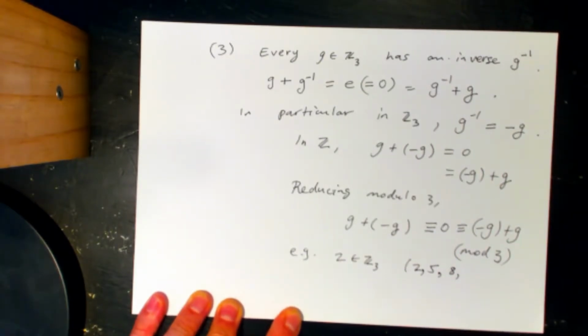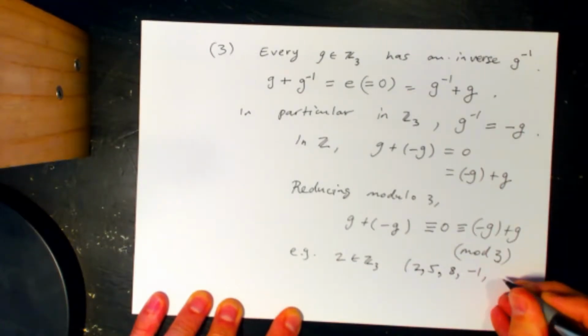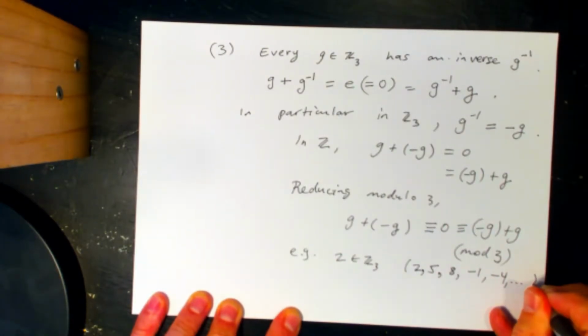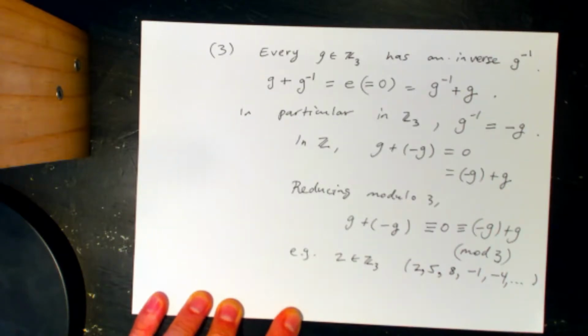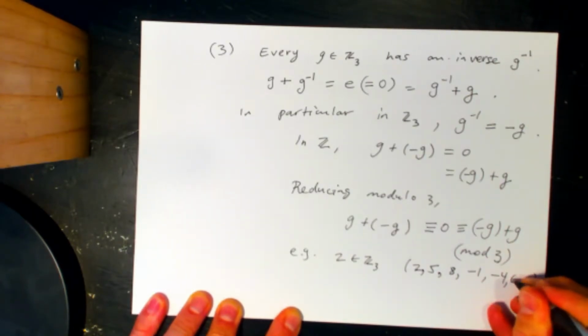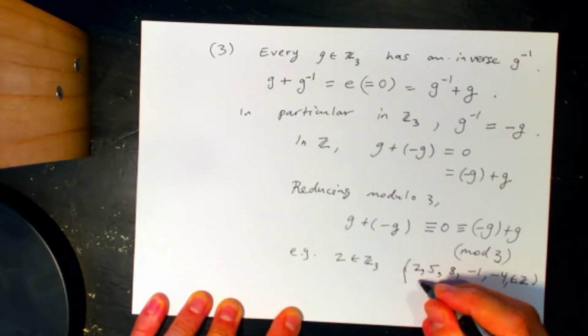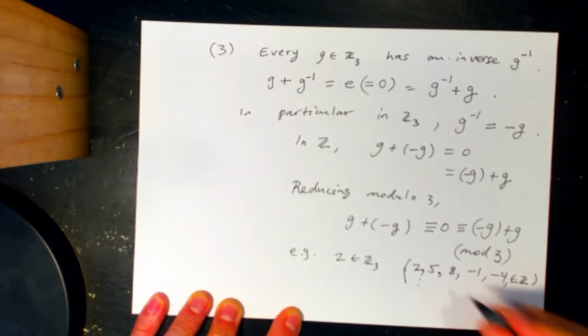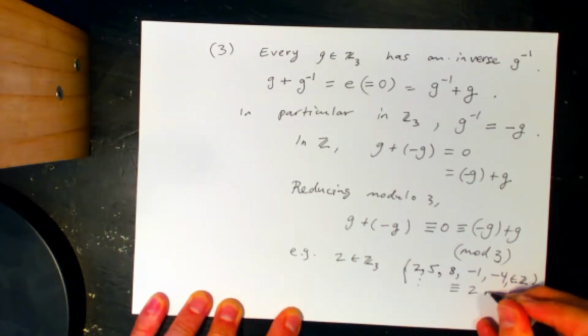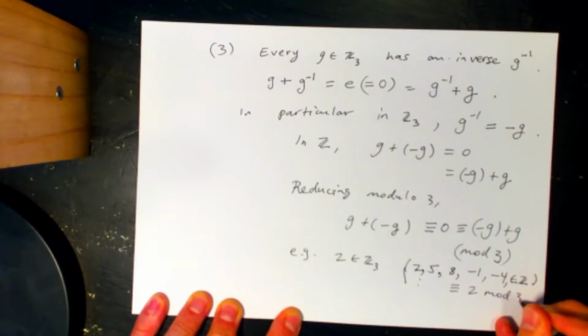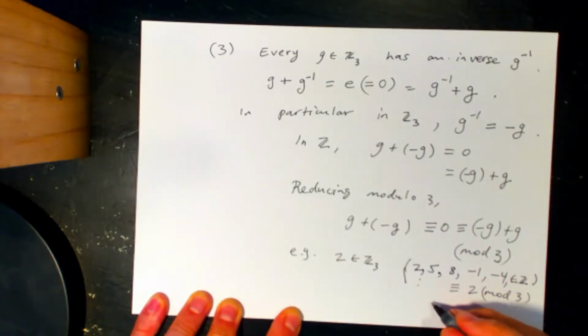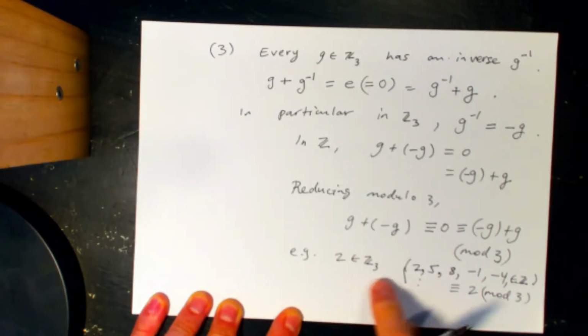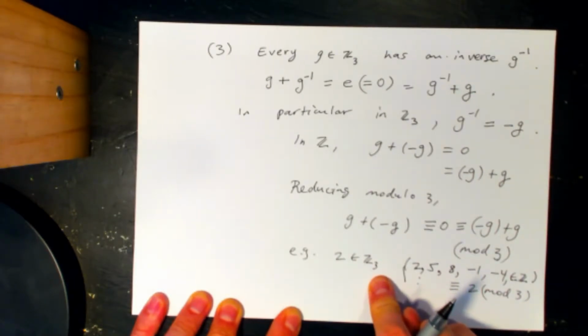So for example, minus 1, minus 4, etc. All of these have a remainder of 2 modulo 3. All right, so these are integers such that these are congruent to 2 mod 3. So they're equal to 2 in this set, integers mod 3.